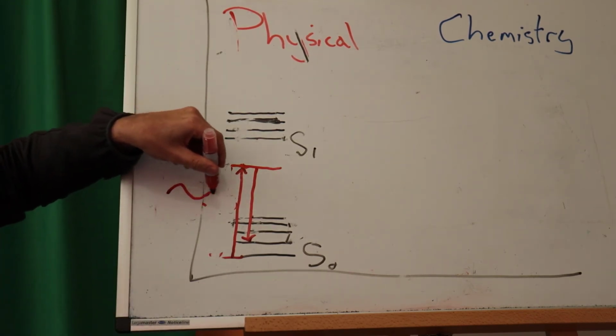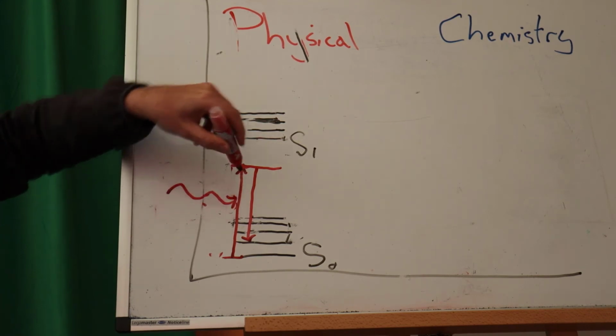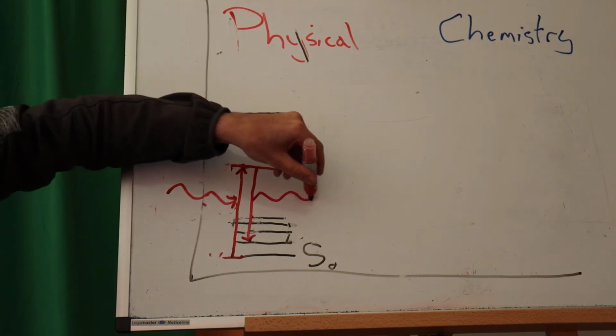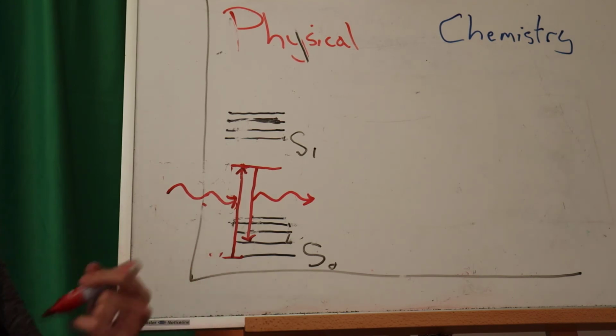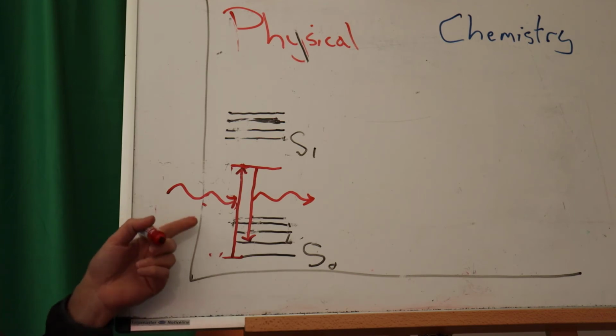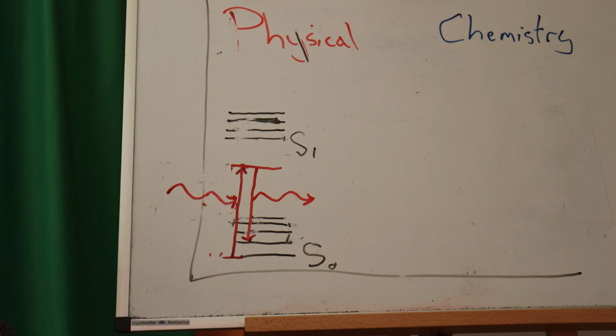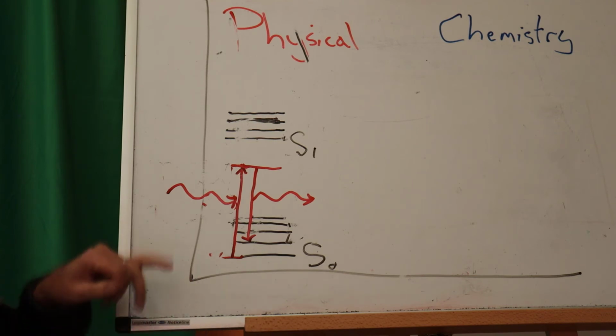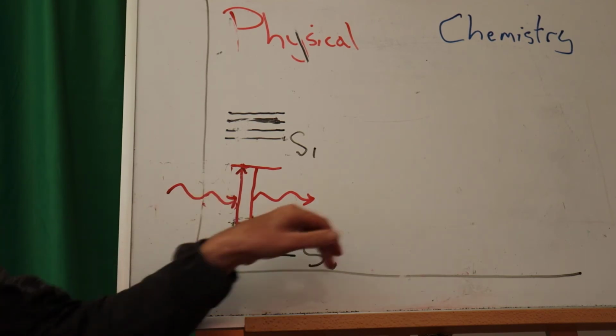Now, just like fluorescence, we've changed the color of our photon. We've shifted it down in energy. Typically this would be colored light, visible light, or ultraviolet, and now we've got redder light than we had before.